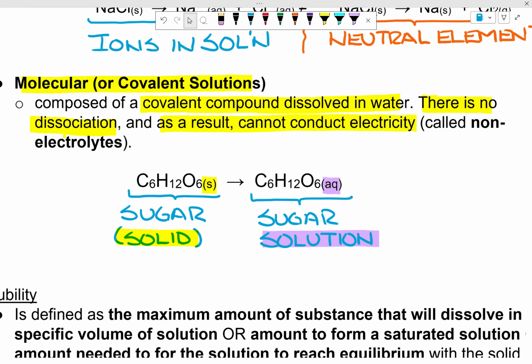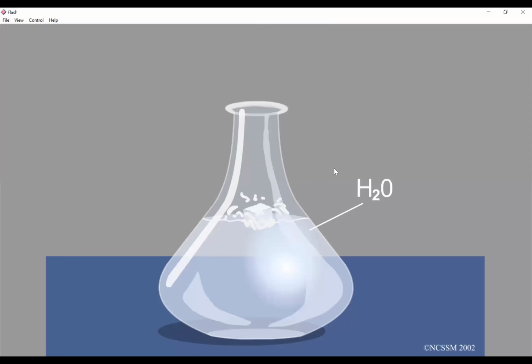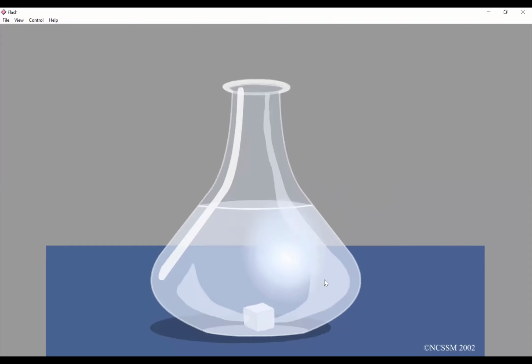Now, if I wanted to show you the difference between the two, let me see if I can screen share here. Let's take a look at this example. Let's say I have water dissolving sodium chloride.